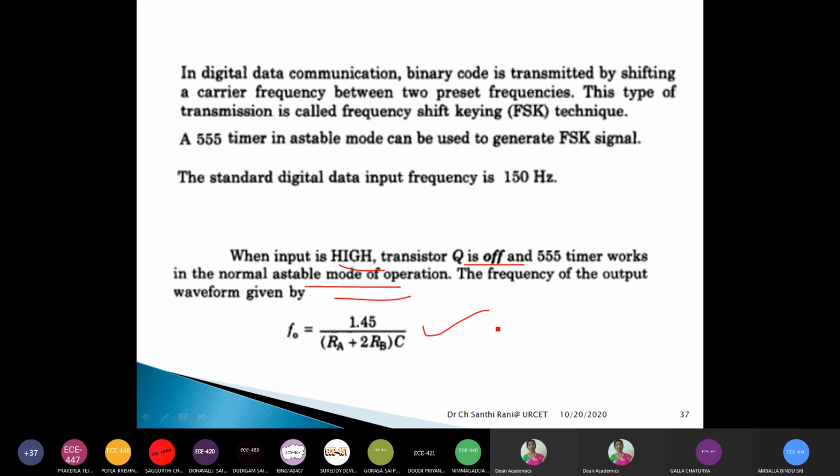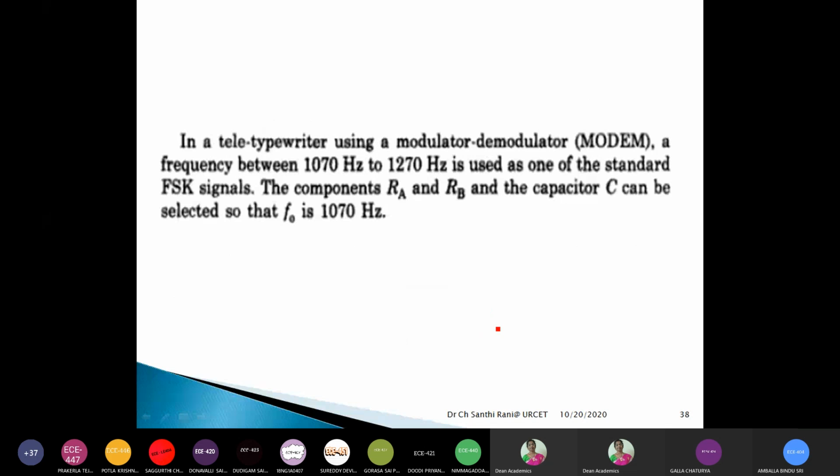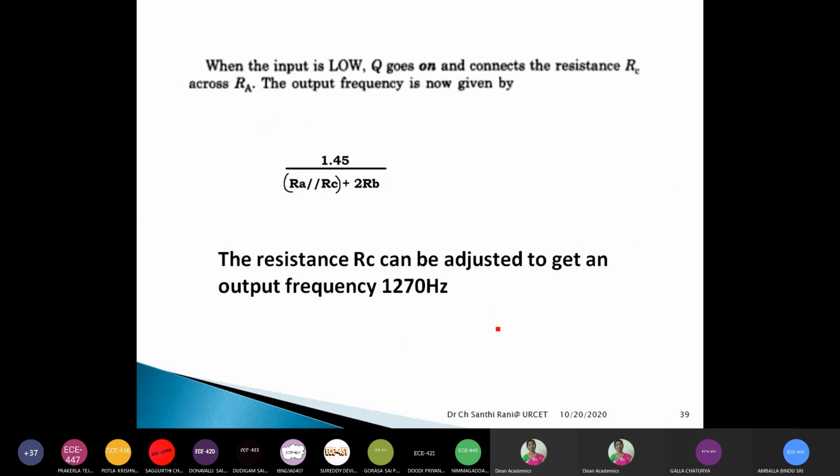Why I have taken you to the previous slide is just to connect to you. Now this is one frequency, F naught. Now, when the input goes low, then Q will be in on condition and RC and RA will be in parallel.